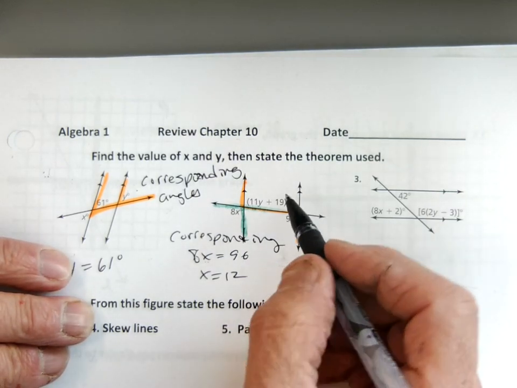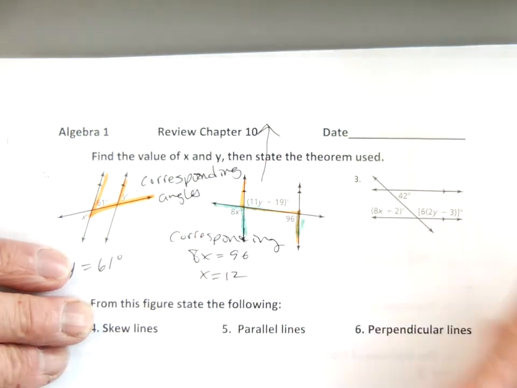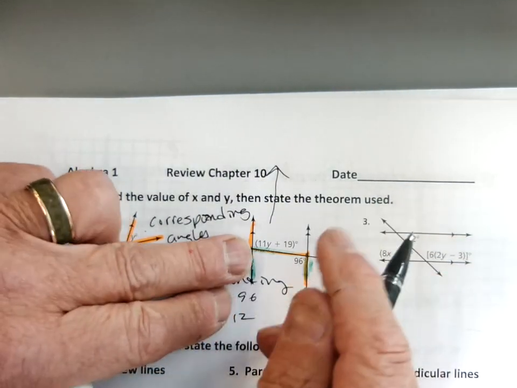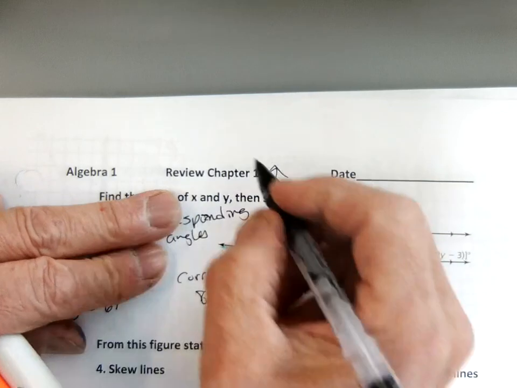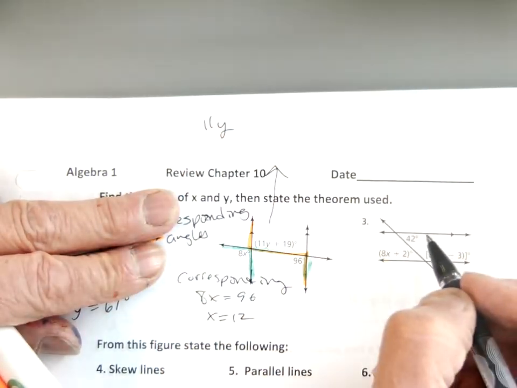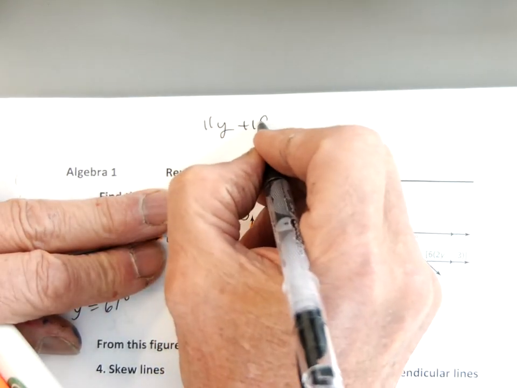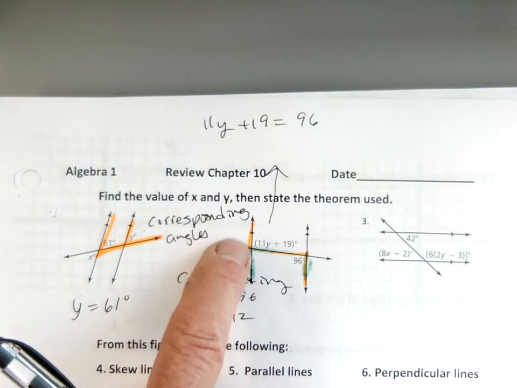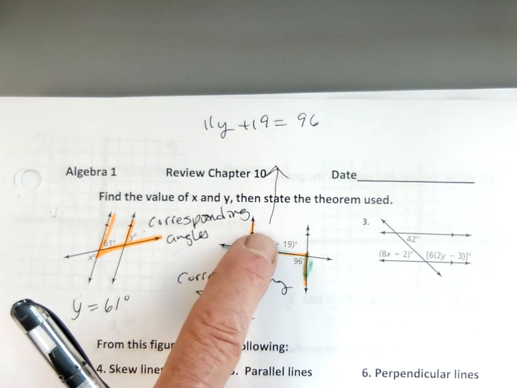Same thing here. So I'm just going to get y. I'm going to put it up here because I'm going to run out of room. So I'll say these two are equal by alternate interior angles. I can go 11y plus 19 equals 96. Does that make sense? You guys can see the z. These two are equal, or you can say by vertical angles, right?